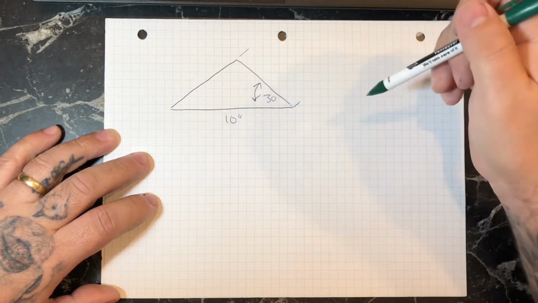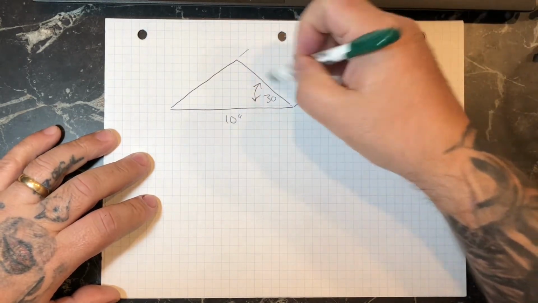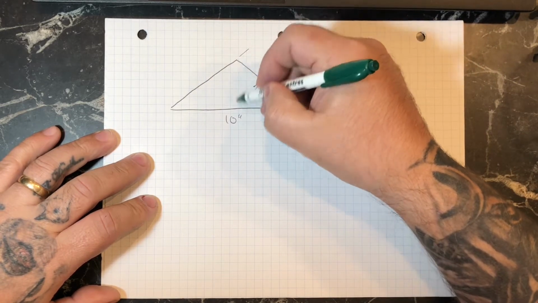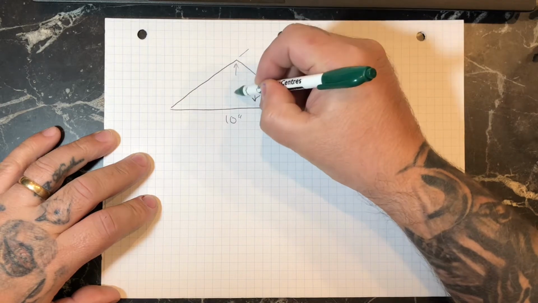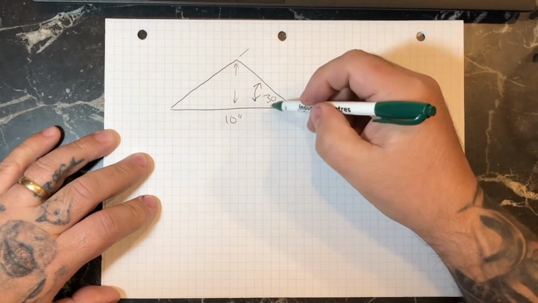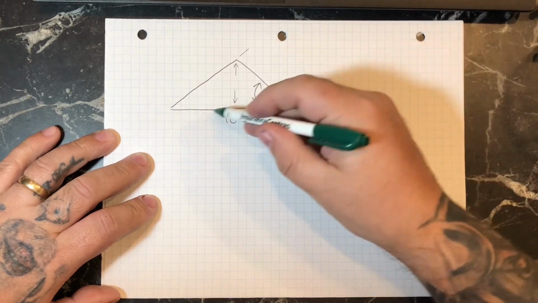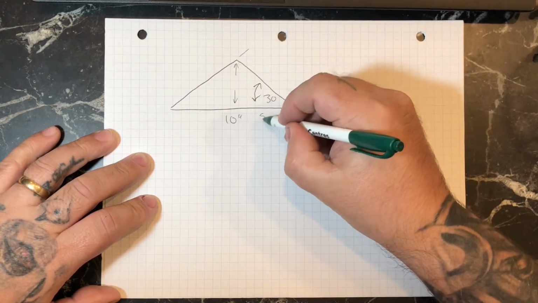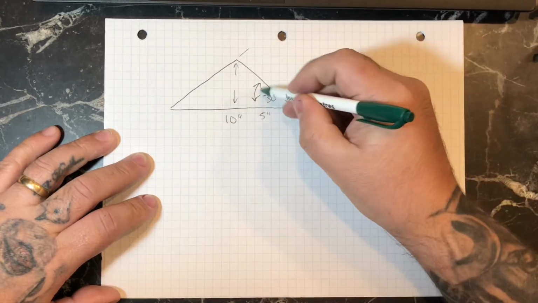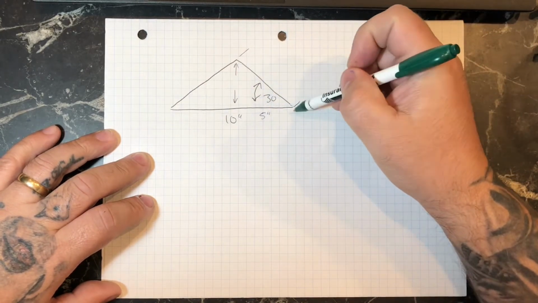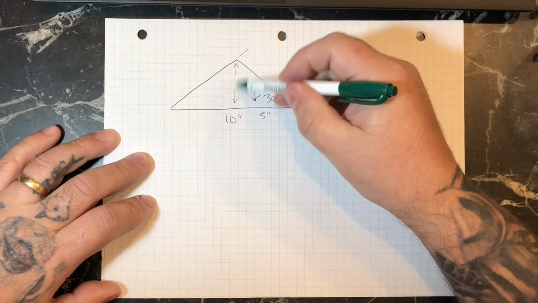So this rain cap. To find this hypotenuse, I'm going to find out what the rise is here, from here to here. So I can use basic trigonometry. If I cut this whole cap in half, this ends up being 5 inches here, a 30-degree angle. So I have an angle, I have adjacent, and I'm looking for opposite.